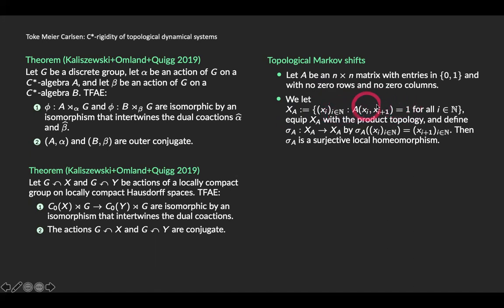And then we take this set of sequences and we equip it with the product topology. Then we get a totally disconnected compact Hausdorff space.